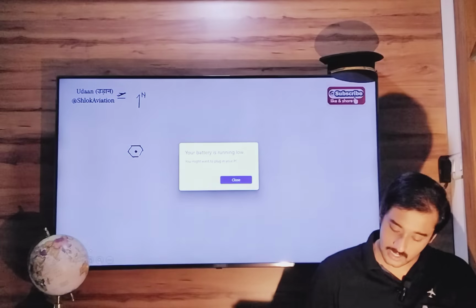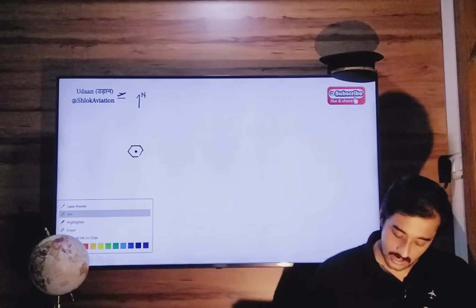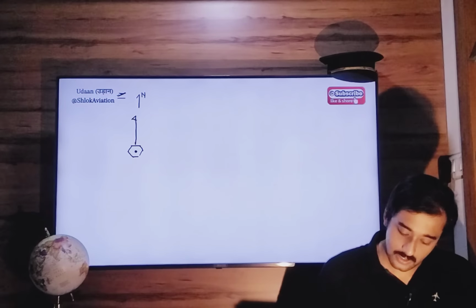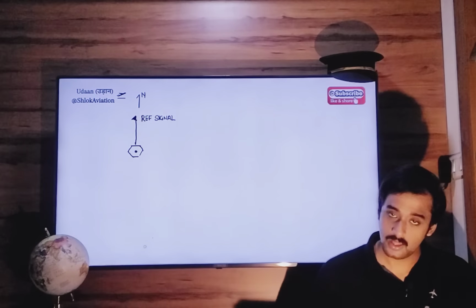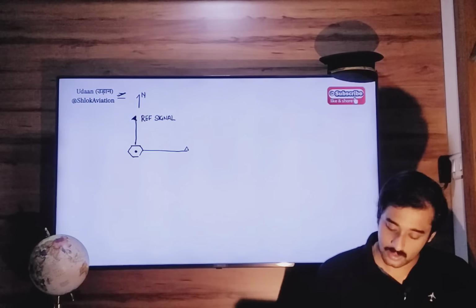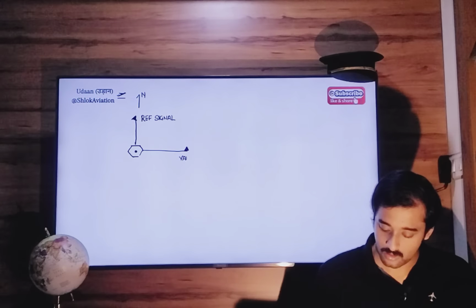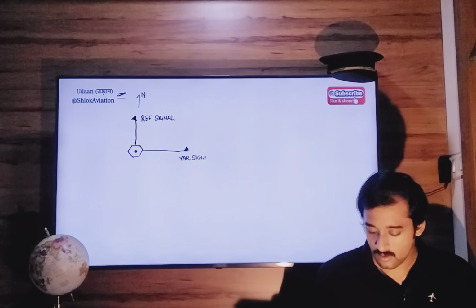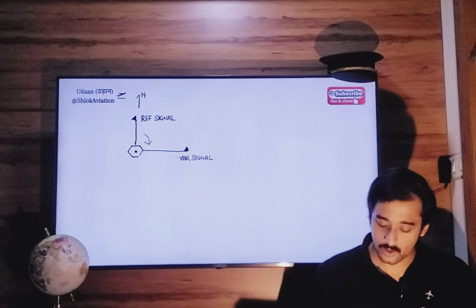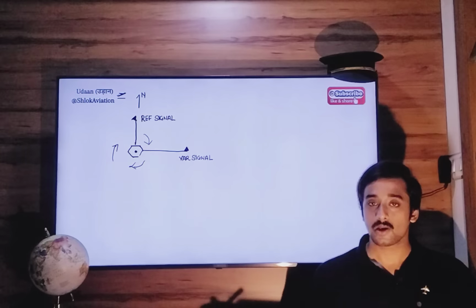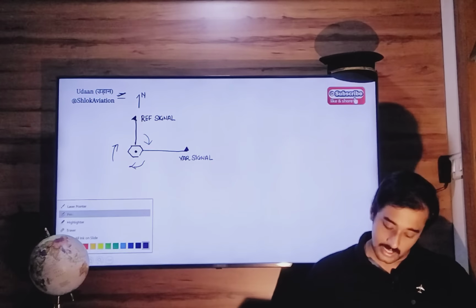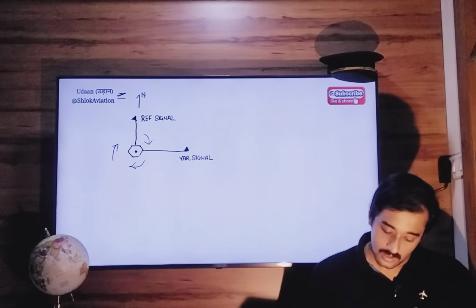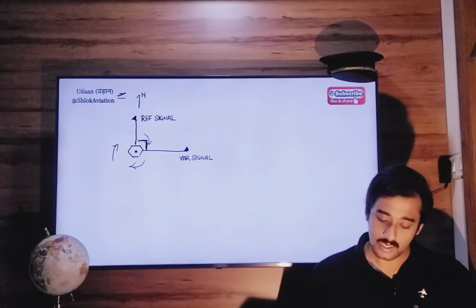There will be a reference signal like this. There will be a variable signal like this, let's say. And this variable signal will rotate clockwise. Now the angle between reference signal and variable signal, in this case it is 90 degrees, is equal to your radial.